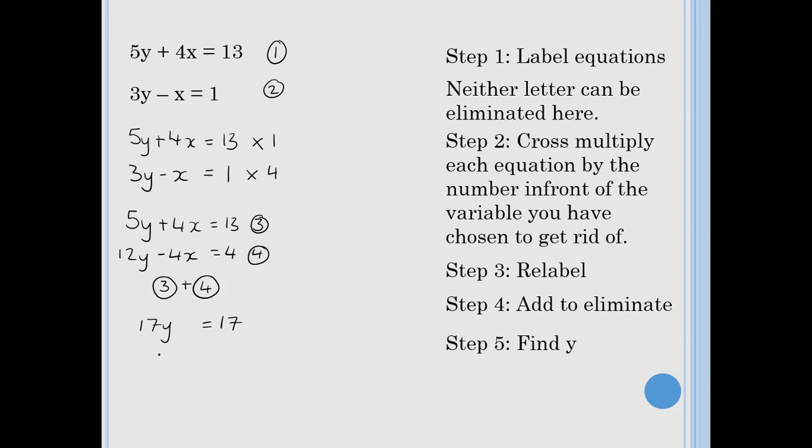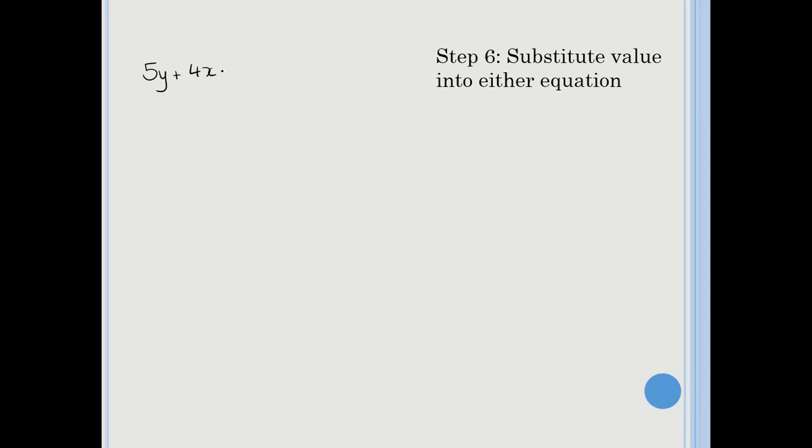And then, as always, we solve to find our variable. So we've got 17 over 17. So in this case, y is equal to 1. At that point, we still have to find the value of x.